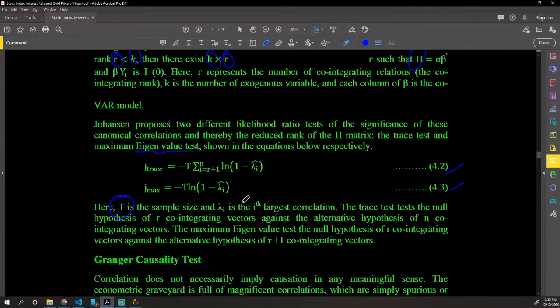The trace test tests the null hypothesis of r co-integrating vectors against the alternative hypothesis of n co-integrating vectors. The maximum eigenvalue test tests the null hypothesis of r co-integrating vectors against the alternative hypothesis of r plus 1.